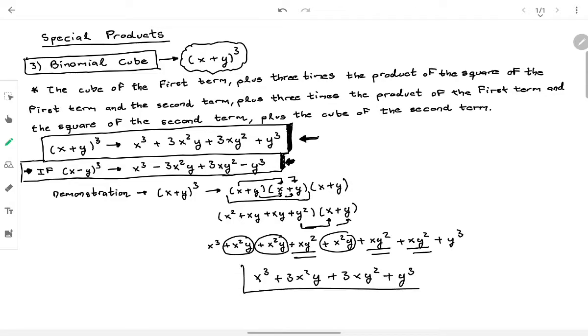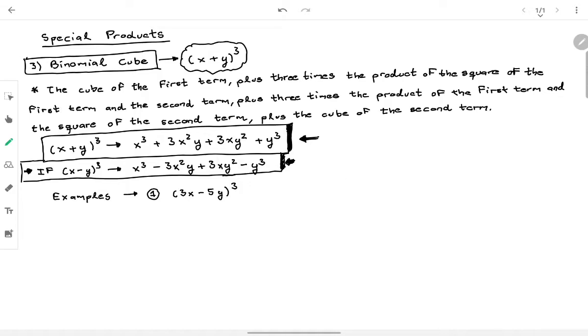So this is why when we have a binomial cube, the final answer is going to be the first term cubed plus 3 times the square of the first term multiplied by the second term plus 3 times the first term multiplied by the square of the second term plus the second term cubed. So now we can see some examples of binomial cube.